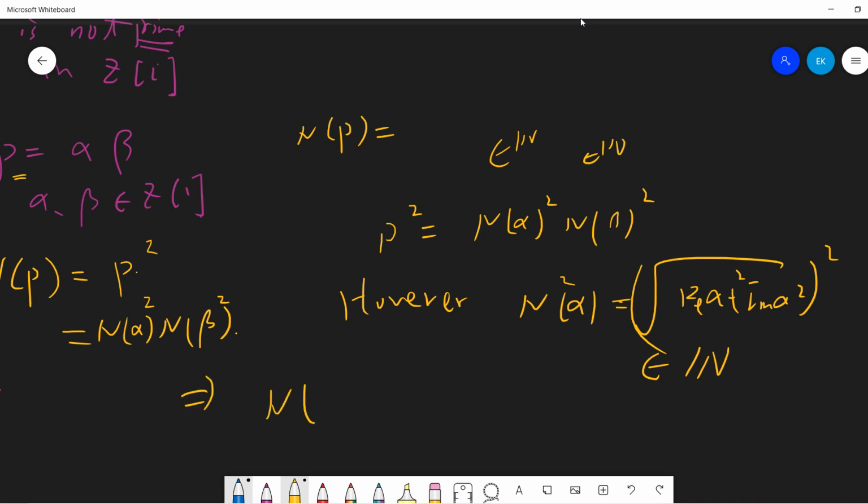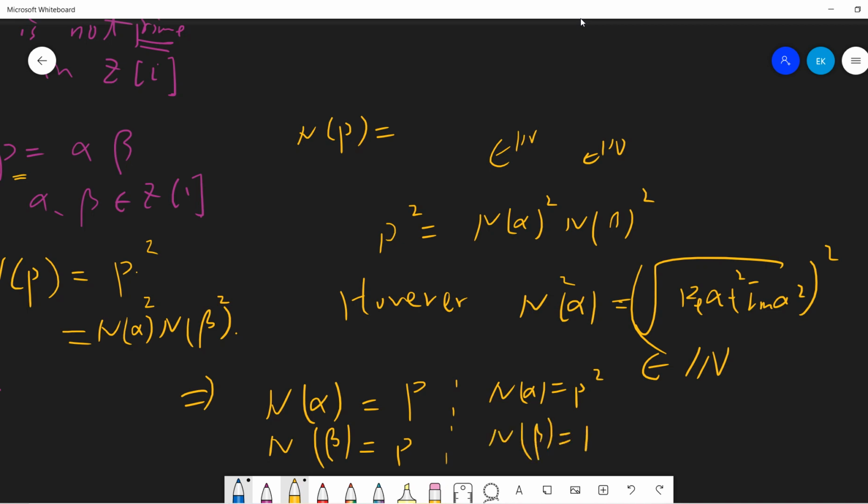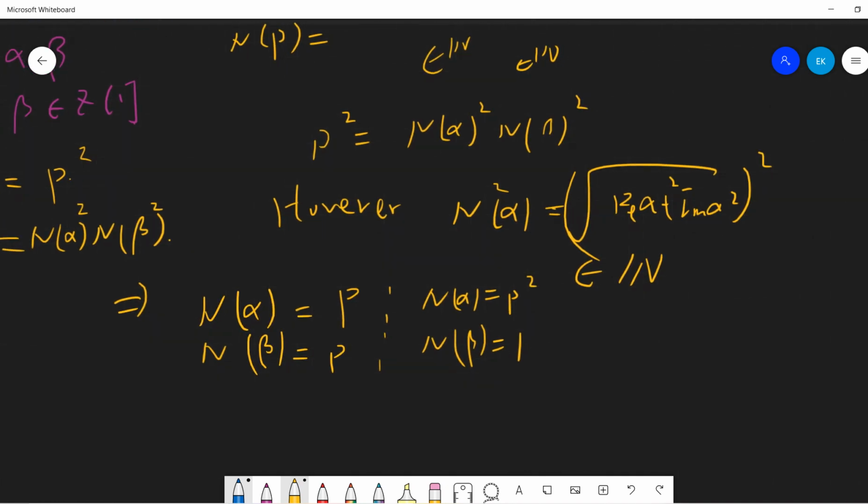So the only remaining cases are n of alpha is p and n of beta is p, or n of alpha is p squared and n of beta is 1, or vice versa. However, this is impossible, right? If n of beta is 1, then beta is only plus or minus 1, or plus or minus i. So this is not a factorization.